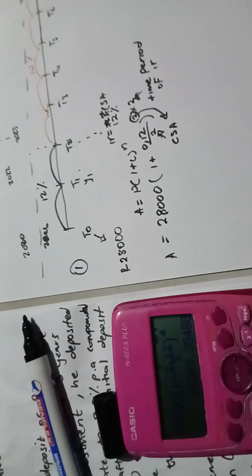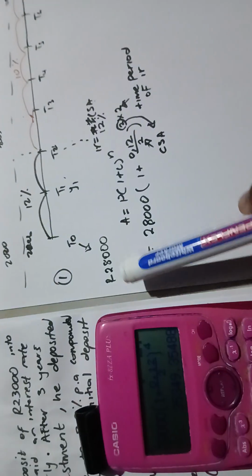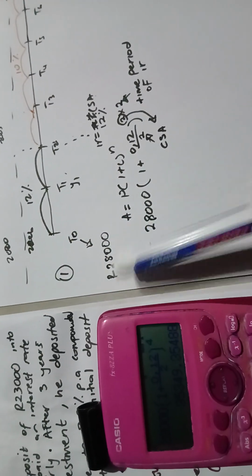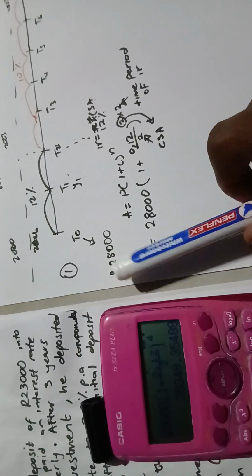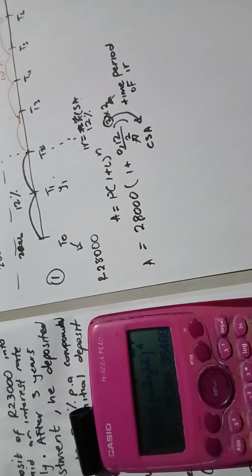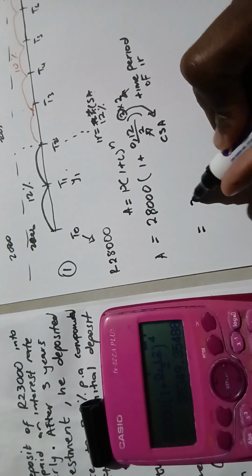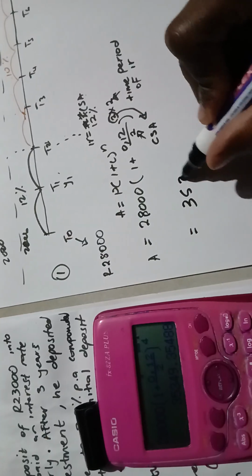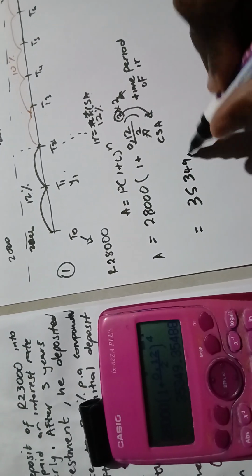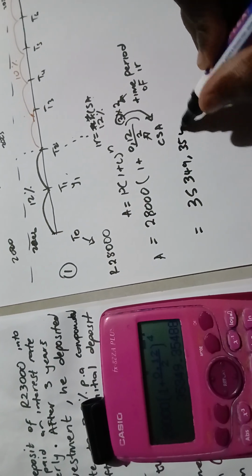Now, for the first 2 years, the investment was 28,000. After 2 years, Tshepiso's money is now 35,349.35488.